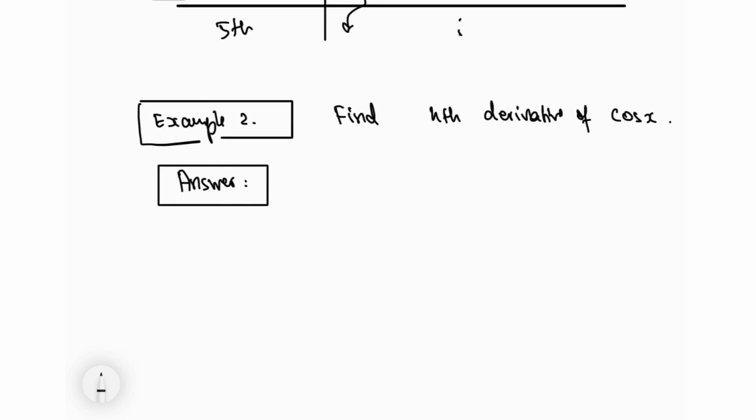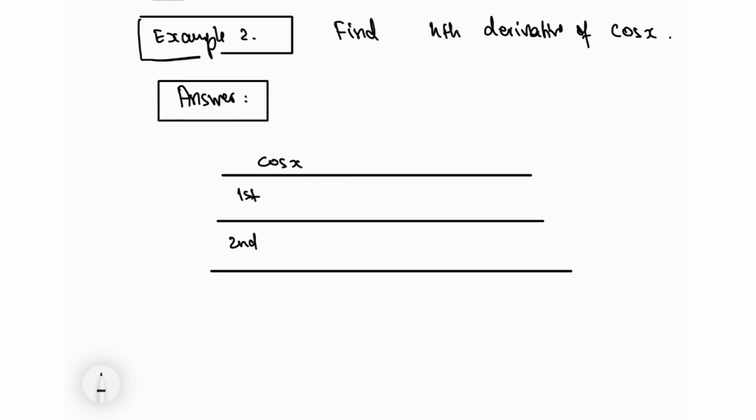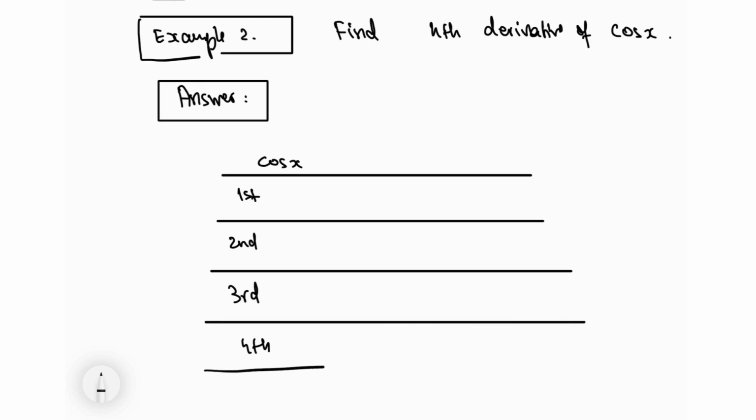So we can again do the table. Cosine x, then first, second, third, and fourth.